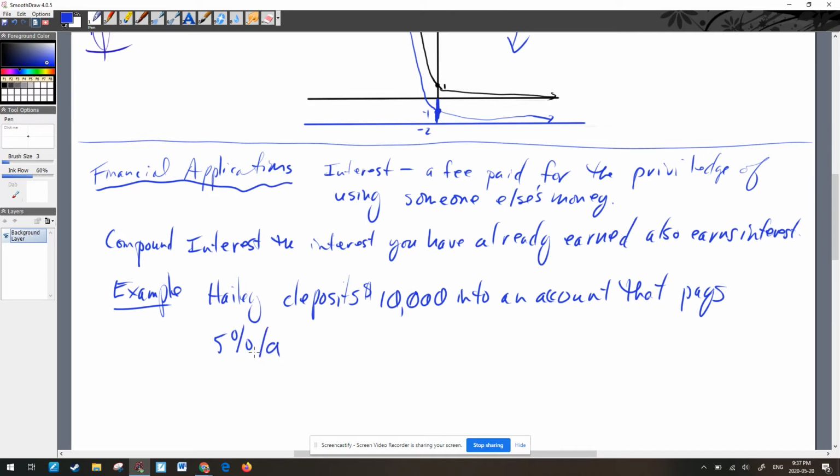That means per annum. So interest rates are almost always quoted per annum, which is just a fancy way of saying per year.